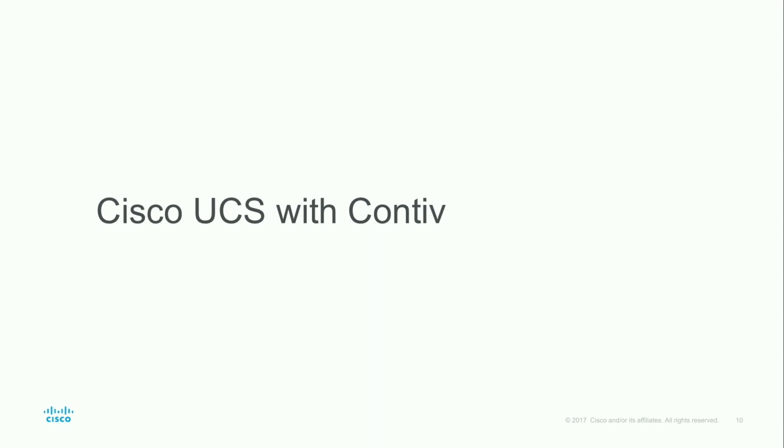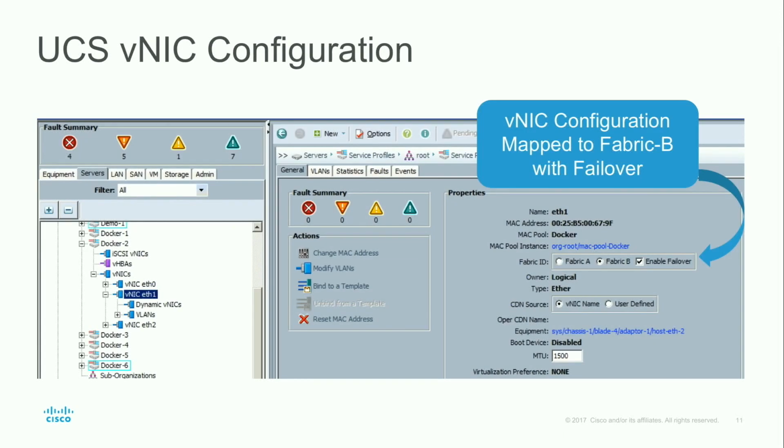It's sort of how we are trying to test things out within the UCS environment. Every host we set up which is going to participate as a worker node is going to have a vNIC that is going to carry the VLANs required for Contiv. It's L2 VLAN mode, and we used vNIC failover. You can see that we mapped eth1 to Fabric B with failover enabled.